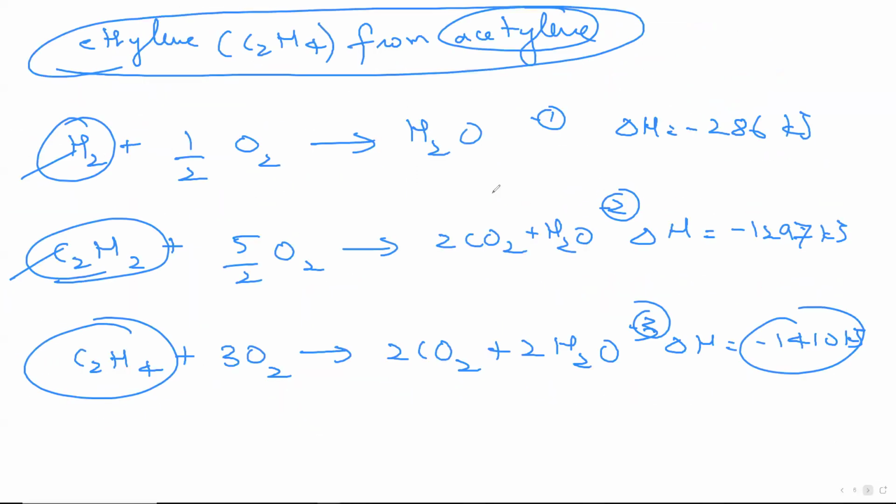In this question, they gave me one of the reactants, acetylene. Don't ask me how to find acetylene. Look at the question: H2 is hydrogen, C2H4 is ethylene, so C2H2 is the remaining one, acetylene. So it is common sense, basically.